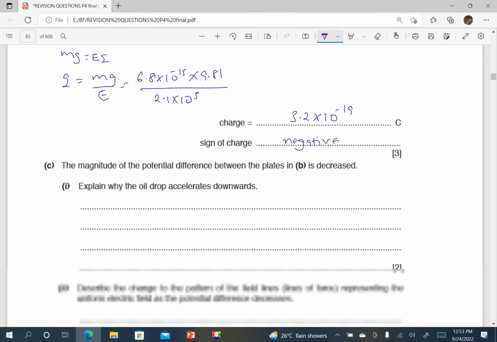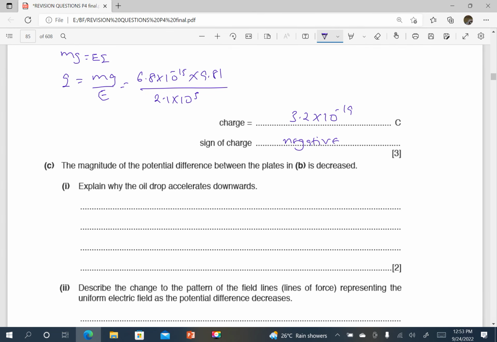Okay. The magnitude of the potential difference between the plates in V is decreased. V is decreased. That means E has been decreased. If E is decreased, F due to the electric field has been decreased. Explain why the oil drop accelerates downwards. So the electric force decreases because it depends on the PD.